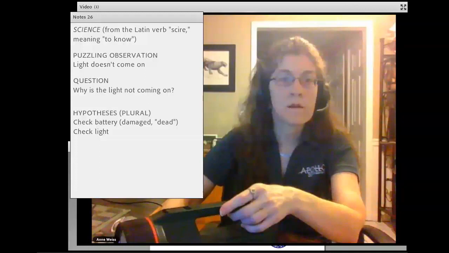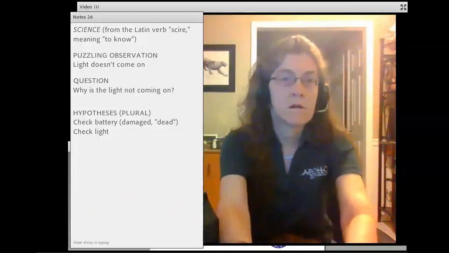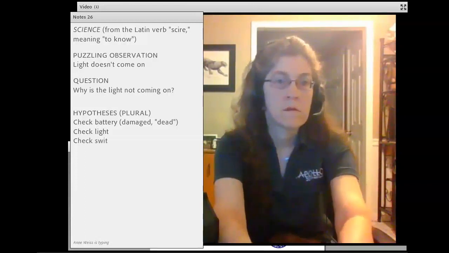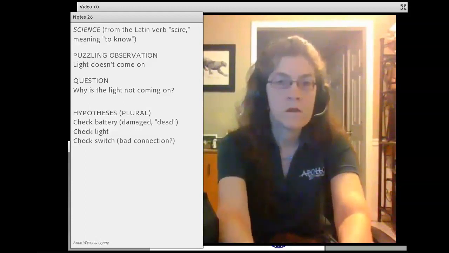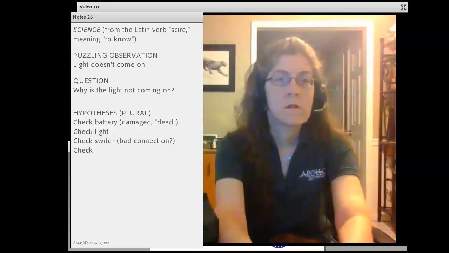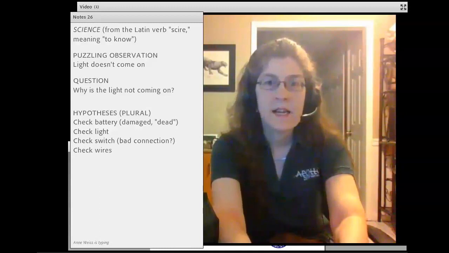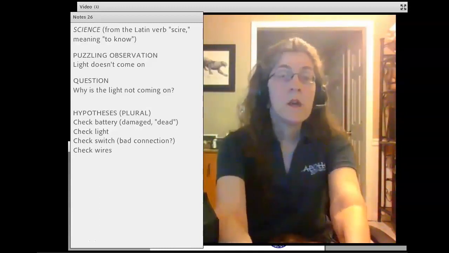So things that are connected to the light switch itself, okay? Maybe there's a bad connection between the switch and the wires, okay? Possibly, okay? All right. Check wires, okay? All right, an example of steps in the scientific method. That's exactly what I'm doing here, okay?